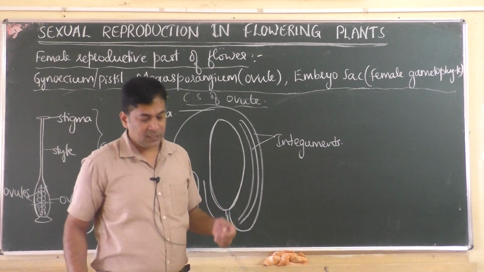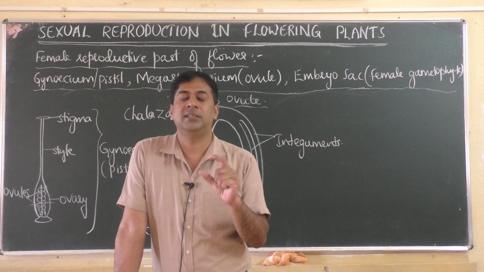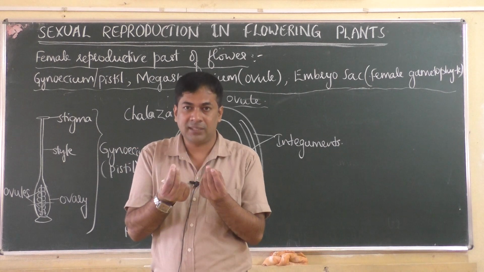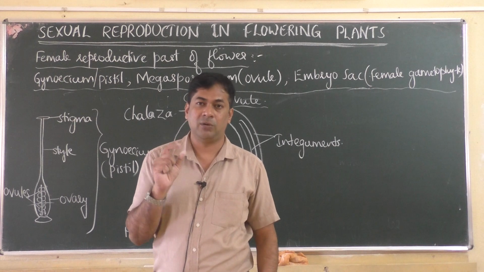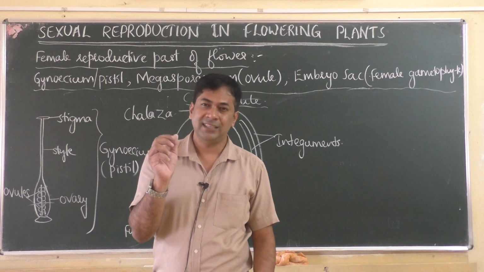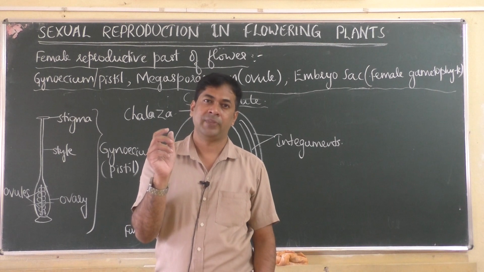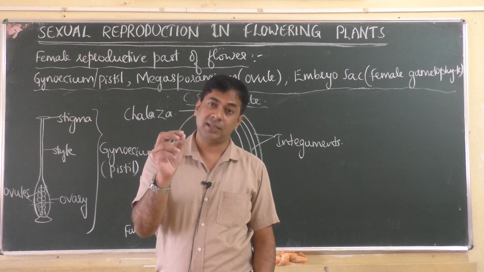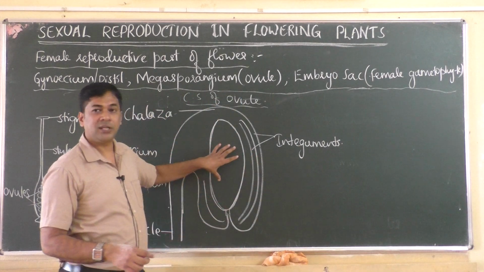Like for example, in groundnut seed, when you break the outer shell, inside 2 or 3 seeds will be there, where outside a thin paper-like brown cover will be there, that is the seed coat. Before that the seed coat was integument. So integuments are meant for protecting the ovule.